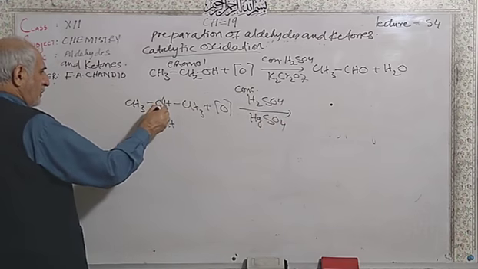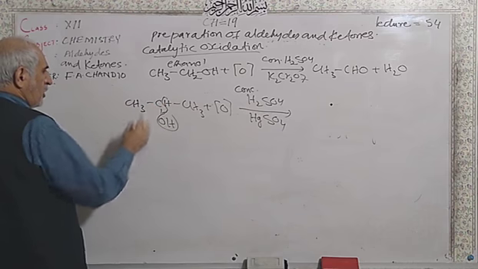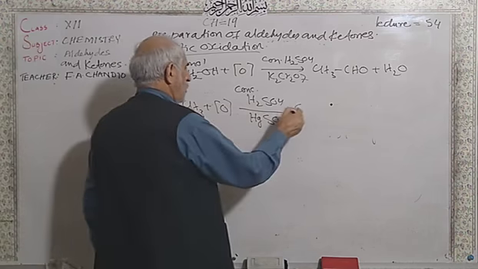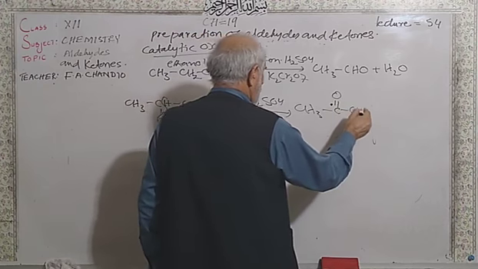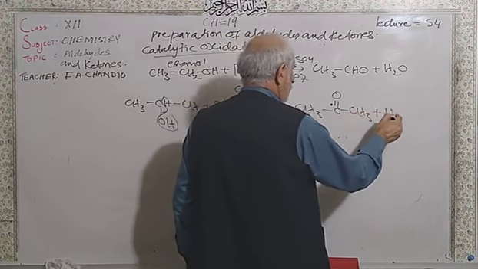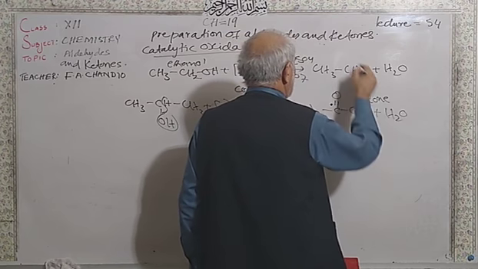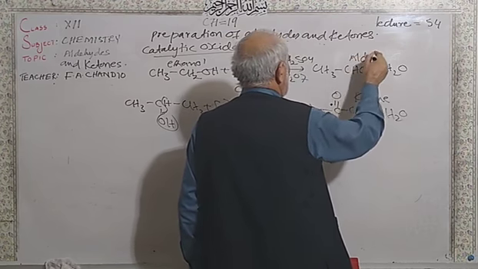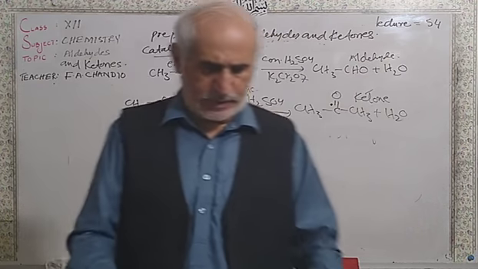So this hydrogen and OH are removed. So propanone, this is a ketone, and this is an aldehyde. So aldehydes and ketones are formed in this case.